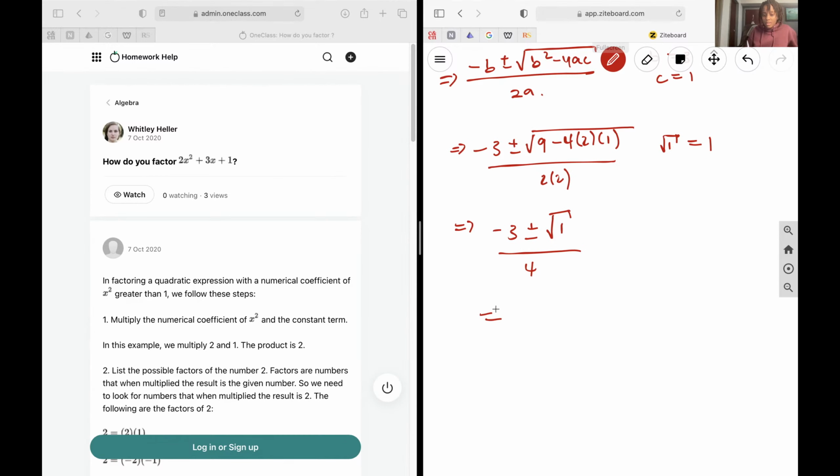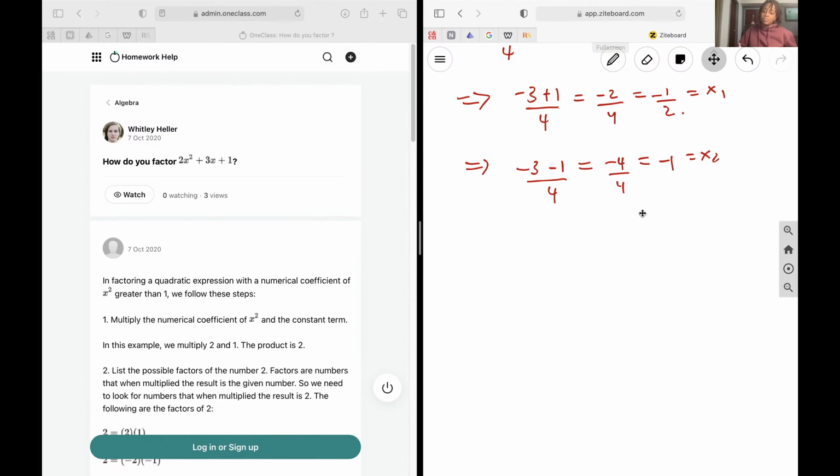So my two answers would be negative 3 plus 1 over 4. That becomes negative 2 over 4, which is negative 1 over 2. This is equal to x1. For my second answer, I have negative 3 minus 1 over 4, which is going to give me negative 4 over 4, and that is simply going to give me negative 1, and this is going to be my x2.